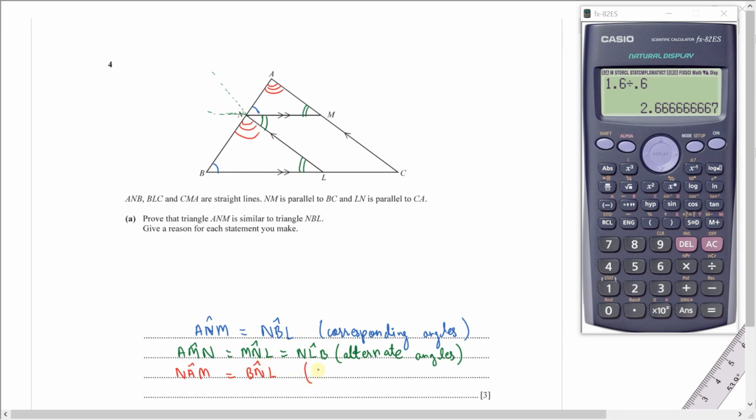And the reason for this is because it is the third angle in the triangle, because the sum of three angles should be 180. So if these two and these two are equals, that will mean that this angle red here will equal to this angle red.